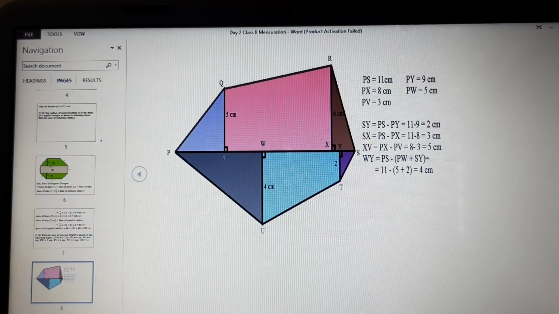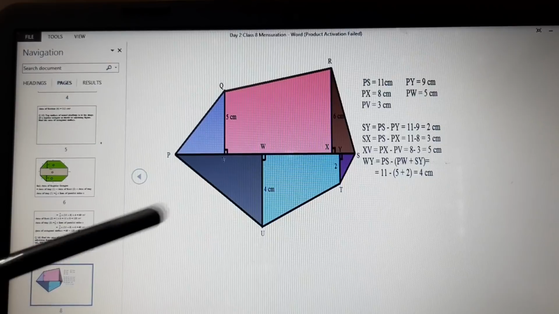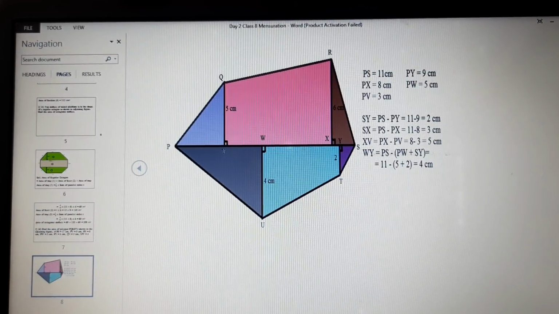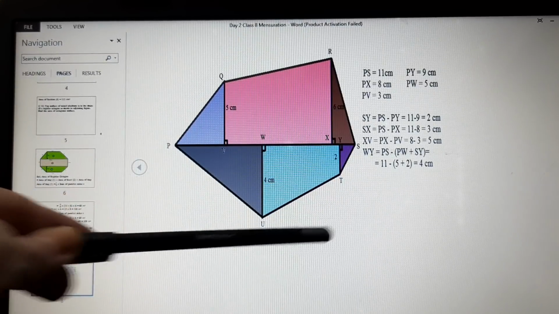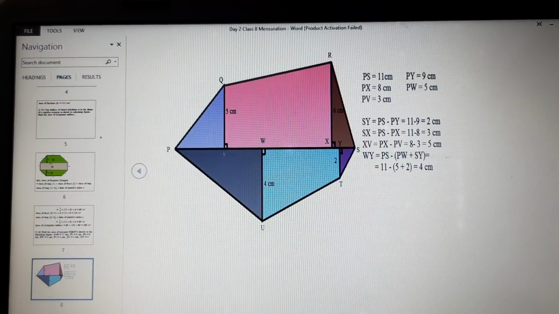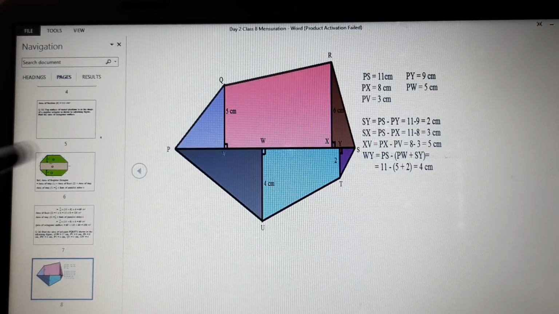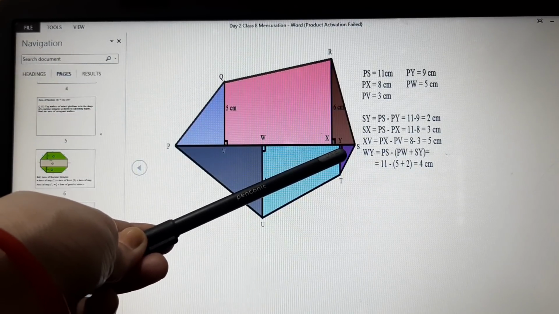PW is directly given in the question, it is 5 centimeter. Clear? We have a trapezium WXTU. The parallel sides are 4 centimeter and 2. Are you getting it? Because these are perpendicular, they will be parallel to each other. And the distance between them is WY.